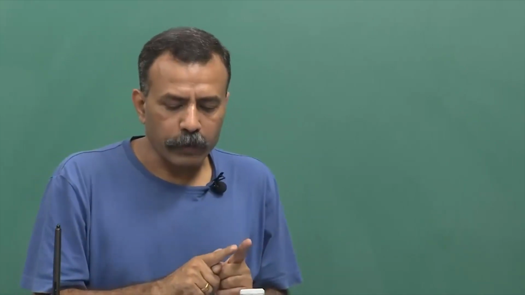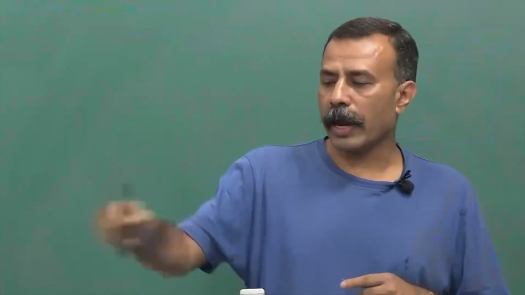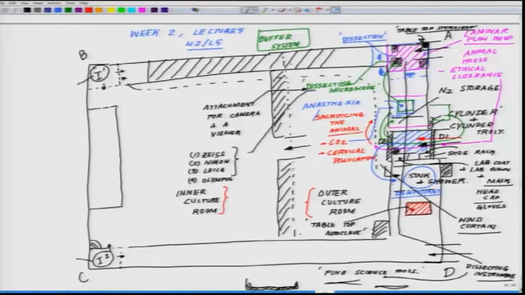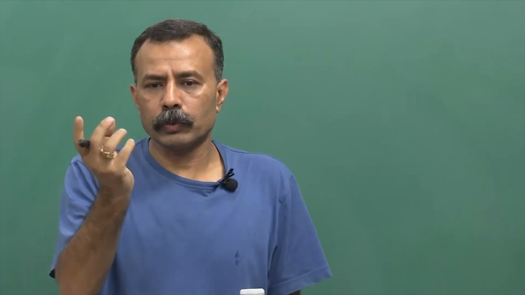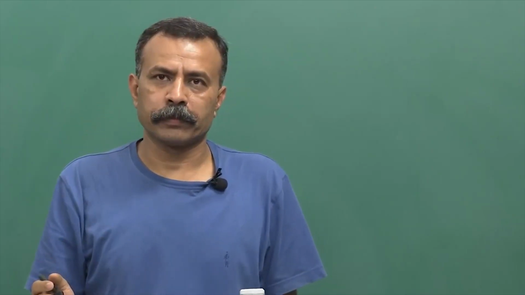And apart from it, if you remember where we talked about entering the lab, in this zone where you are entering, there are something called sticky mats. If you put your feet on them, they trap the dust.